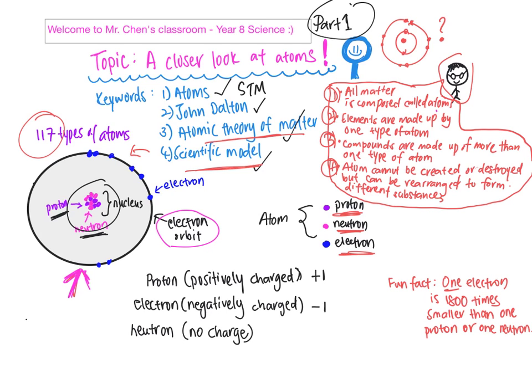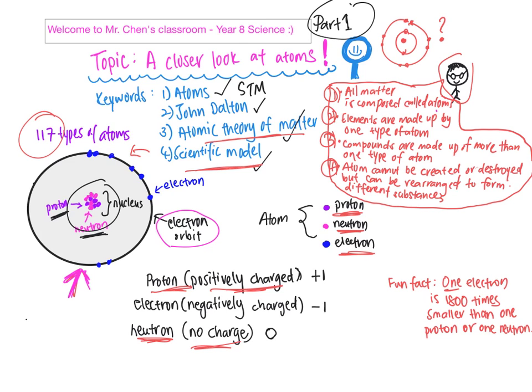And if you look over here, a proton is a positively charged subatomic particle. Neutrons, on the other hand, have no charge. When it's no charge, that means it is zero, literally no charge at all.